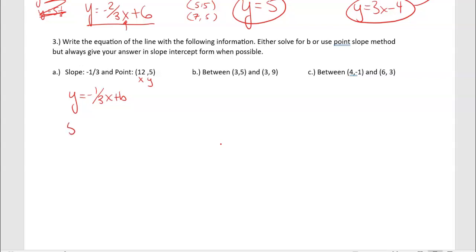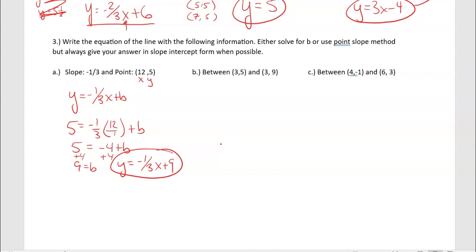So you'd have 5 equals -1/3 times 12 over 1 plus b. 5 equals, that's going to give you -4 plus b. And when you add 4 to both sides, you end up with 9 equals b. So the equation is y equals -1/3 x plus 9.